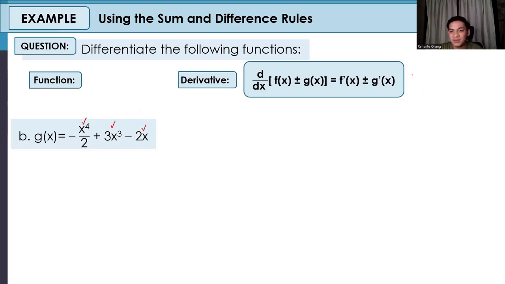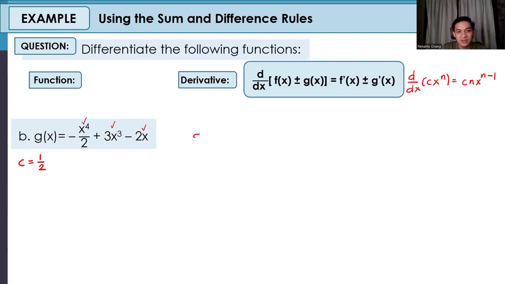So, sulat natin si formula, the derivative with respect to x of a constant x raised to n is equivalent to constant n x raised to n minus 1. So, unahin natin to. Constant natin dito, class, is positive 1/2.